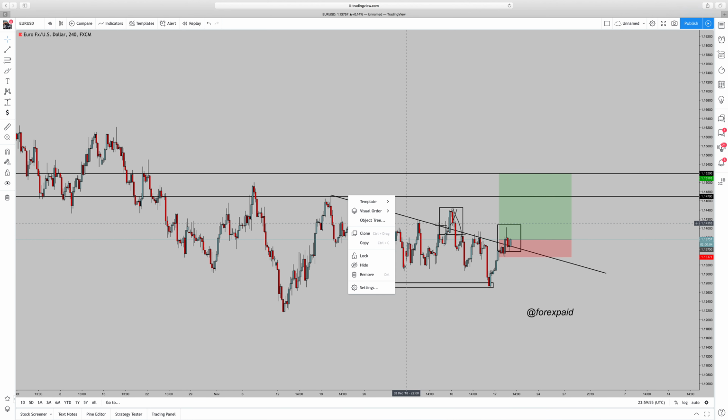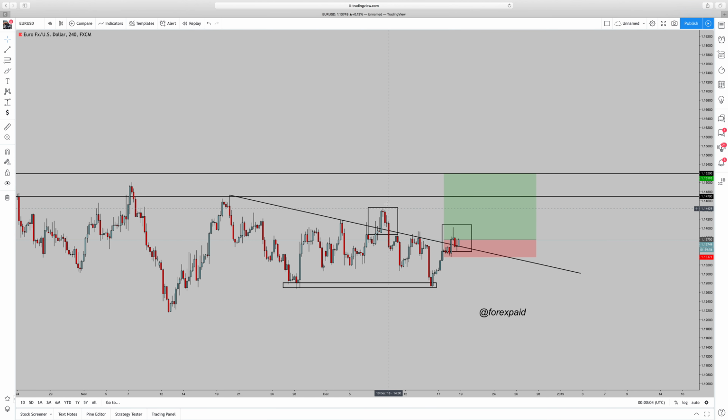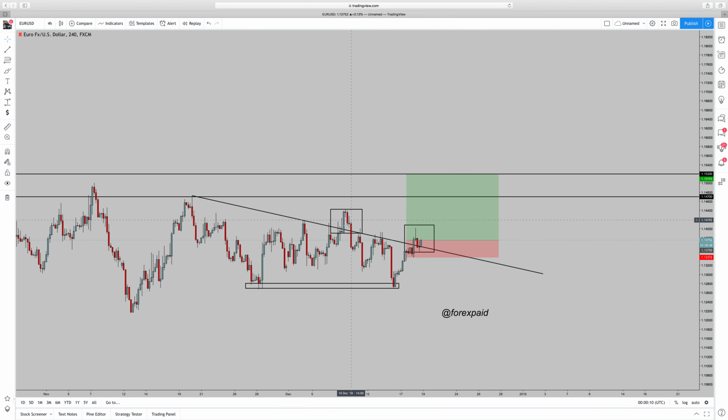Now, there's a couple of things you want to look for as well. You guys look at this little candlestick activity to the left when price actually broke here, right? What do we have?